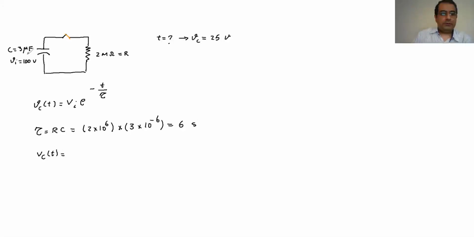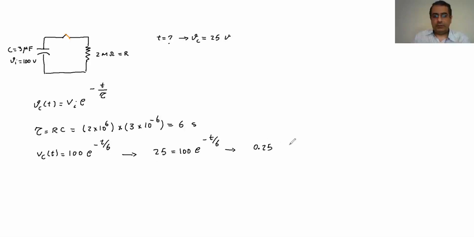So if we go ahead and substitute these, VC(t) is VI, which is 100, times e to the negative t divided by 6. And then we want to know what's the time when the VC becomes 25. So if I substitute the VC with 25, it's going to give me 25 equals 100 e to the negative t divided by 6. And then you can just rearrange that, so it's going to have 0.25.